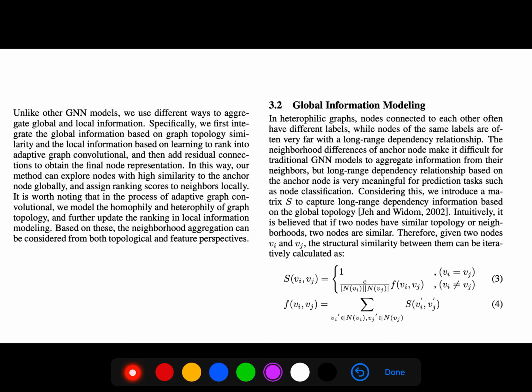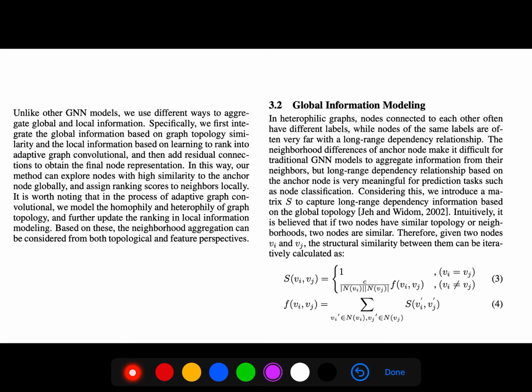The neighborhood differences of anchor node make it difficult for traditional GNN models to aggregate information from their neighbors, but long-range dependency relationship based on the anchor node is very meaningful for prediction tasks such as node classification. So we introduce a matrix S to capture long-range dependency information based on the global topology.